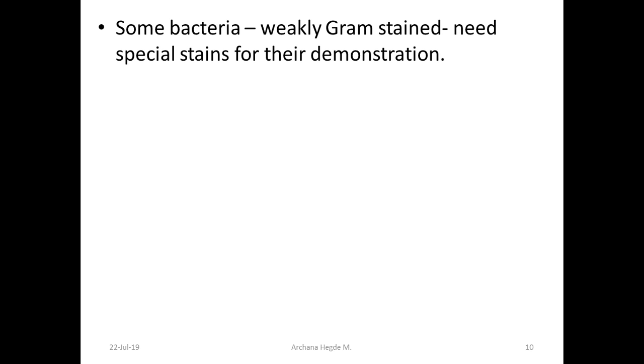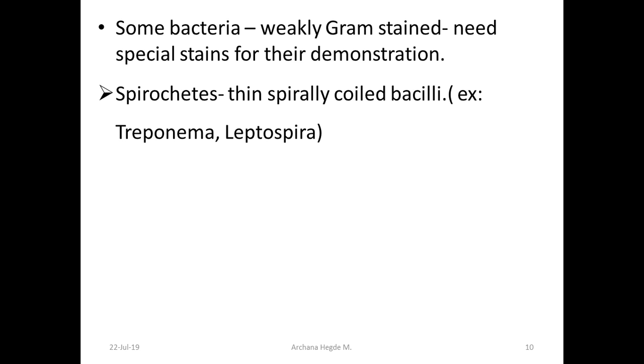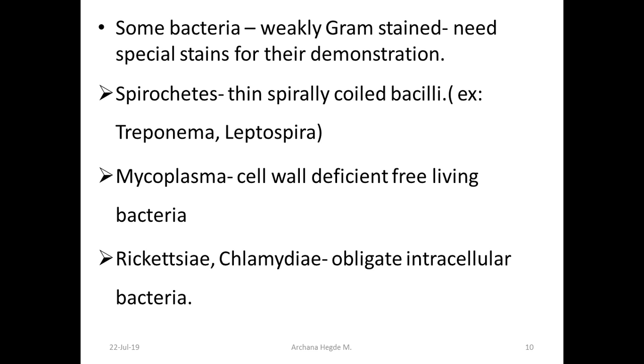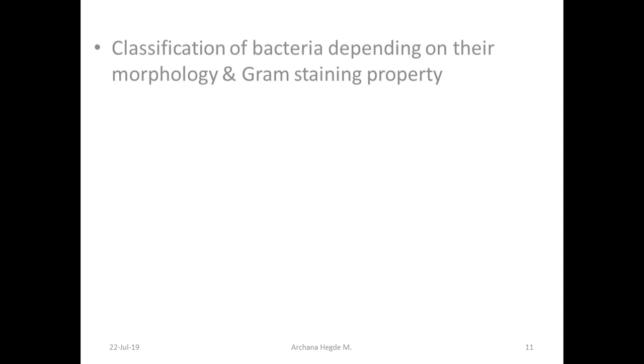This special staining is also dealt with in the previous section. You can see my blog and the particular video. Here spirochetes are thin spiral bacilli, for example Treponema and Leptospira. Mycoplasma are cell wall deficient, which means they lack the cell wall, and are free living bacteria. Rickettsia and Chlamydia are obligate intracellular bacteria which also need special staining.